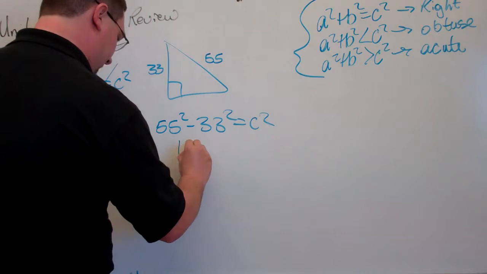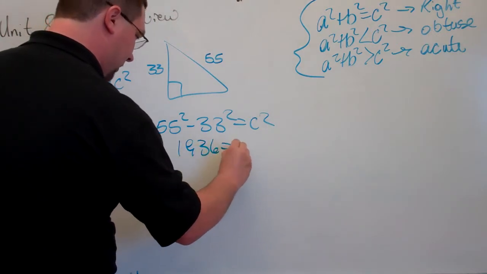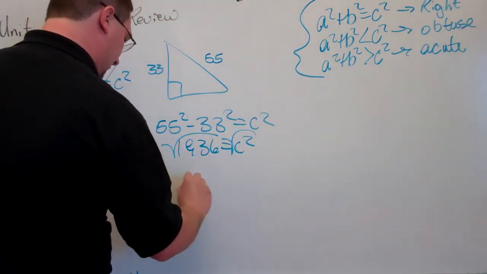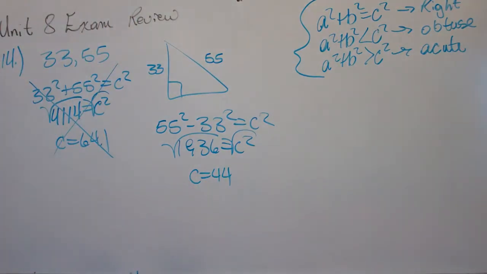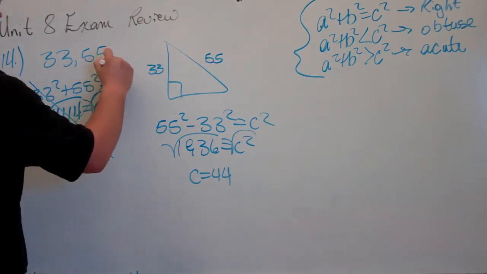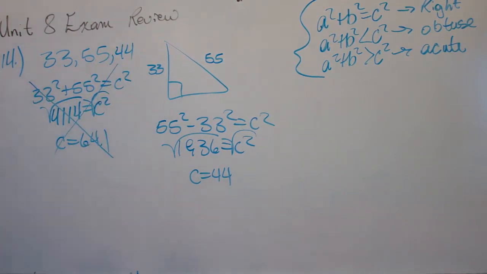That equals 1936 equals c squared. Take the square root, and c should equal 44. Now, since 44 is a whole number, that is your third number in your Pythagorean triple.